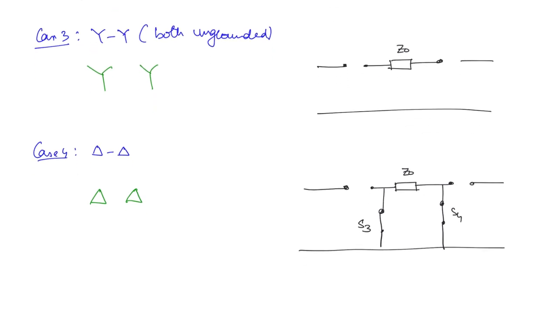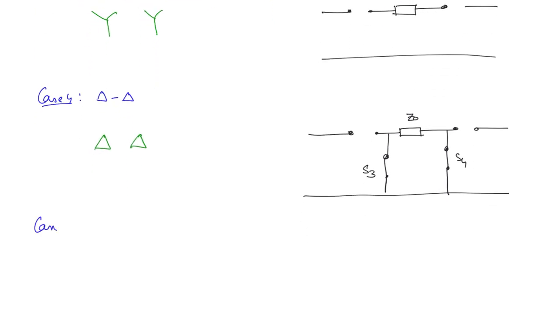Next we will consider the case of a star and delta, and let us take the star to be grounded. Grounded star. Here this is going to be grounded while this is delta.